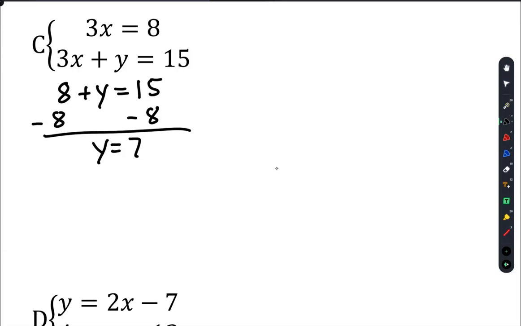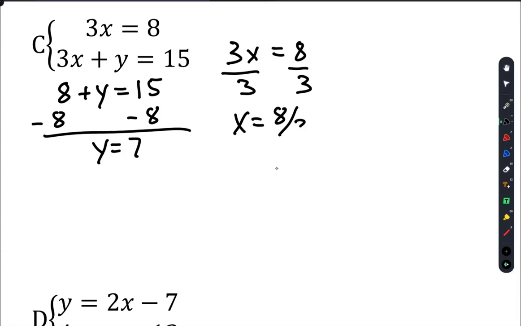So I'm going to take this 3x equal 8. I'm going to divide by 3. I got x is equal to 8 divided by 3, which is a repeating decimal, so I'm just going to leave it as 8 over 3. So my point is going to be 8 over 3 and 7.